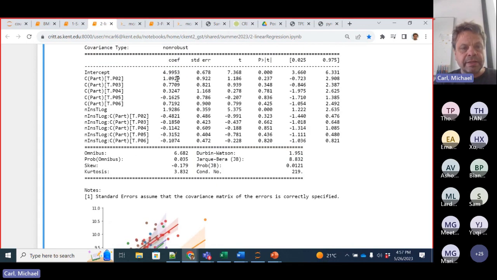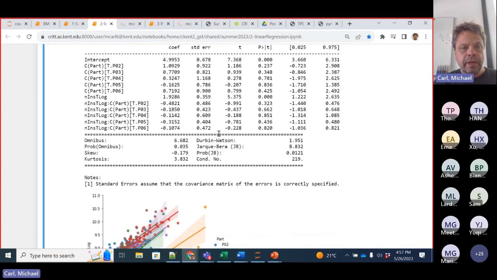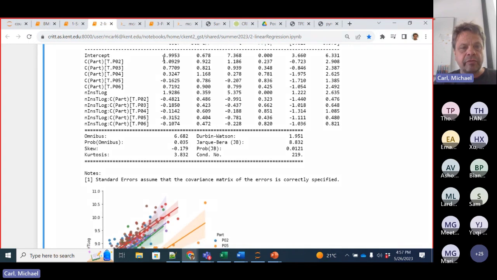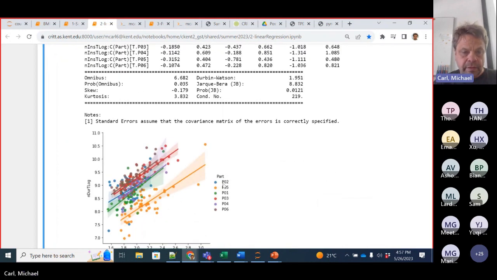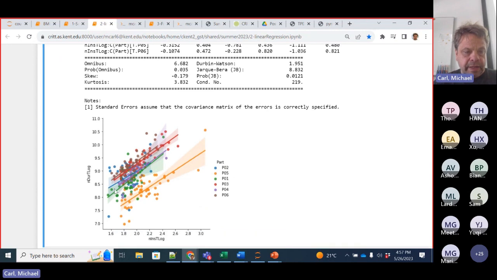Then for participant number 2, we would add 1.09 to this 4.9, so this is around 6. Participant number 2 is the blue one. If you follow this line down here, the intercept would be something like 6.